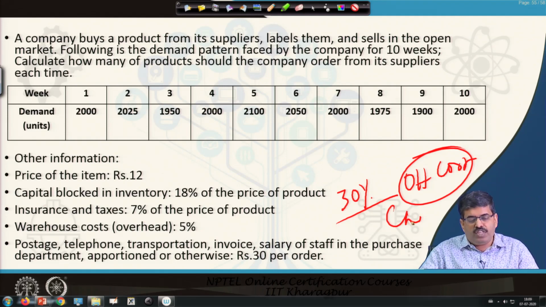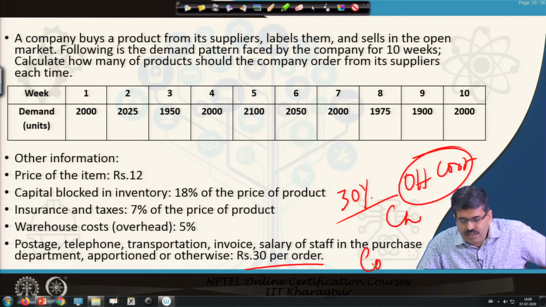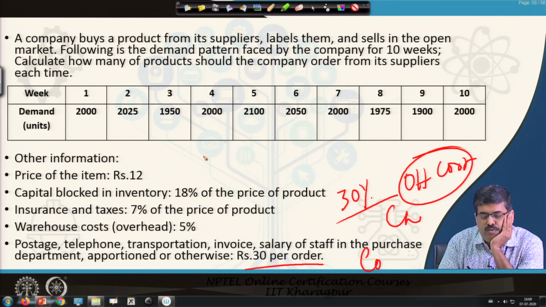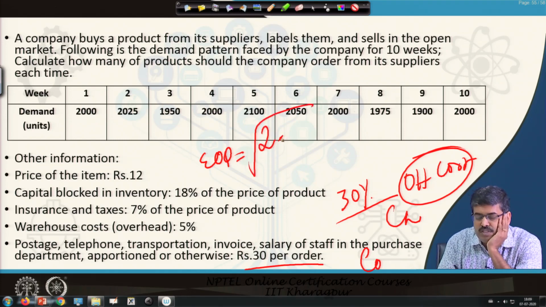Now, postage, telephone, transportation, invoice, salary, staff, etc., rupees 30 per order. This is your cost of ordering. So, we have got everything to calculate EOQ, right? What was the formula? EOQ is equal to the square root of 2 times annual demand or consumption into ordering cost, divided by cost of holding.